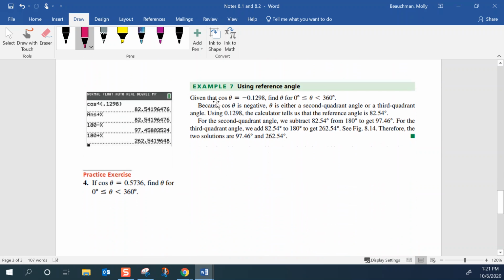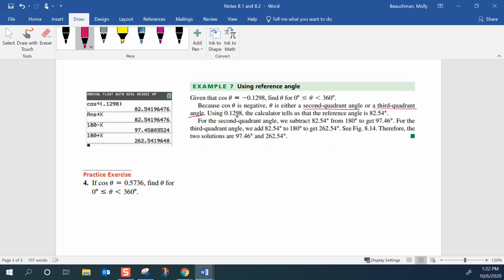So let's say given that the cosine of an angle is negative 0.1298. Find the angle between 0 and 360 degrees. All right, so since the cosine is negative, it's either a second quadrant angle or a third quadrant angle. Remember the sine chart from before.